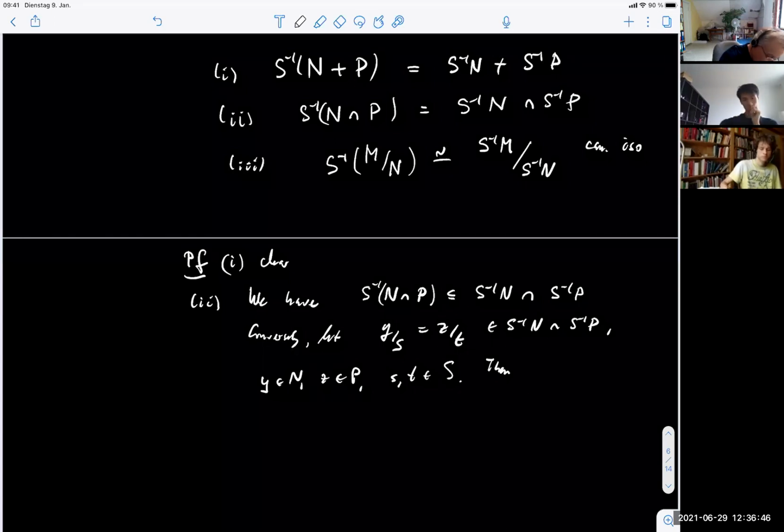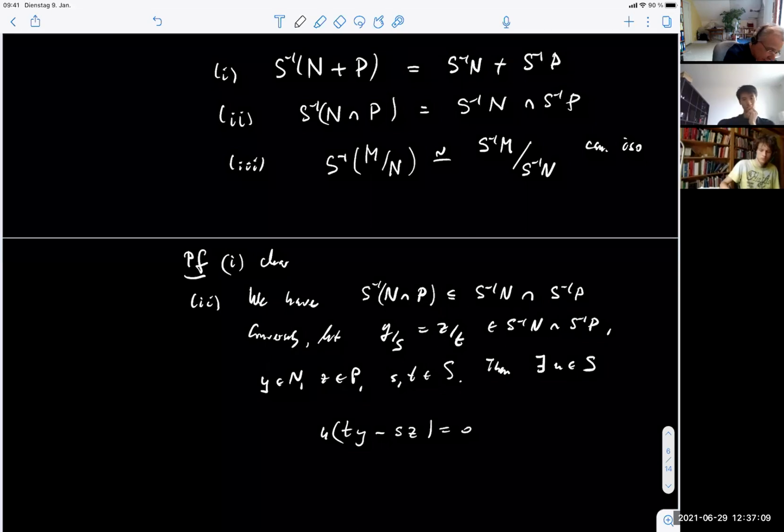There is a u in S such that (ty minus sz) multiplied with u equals 0.